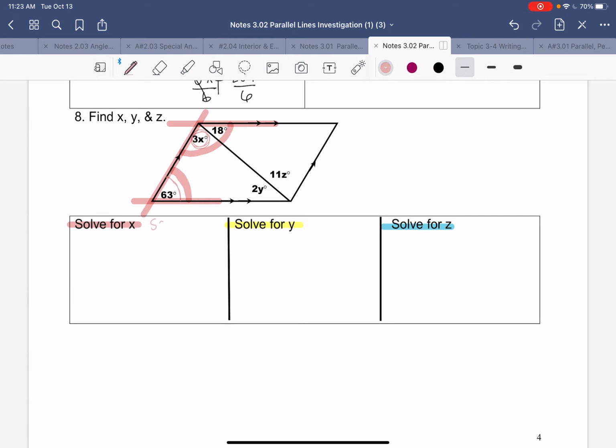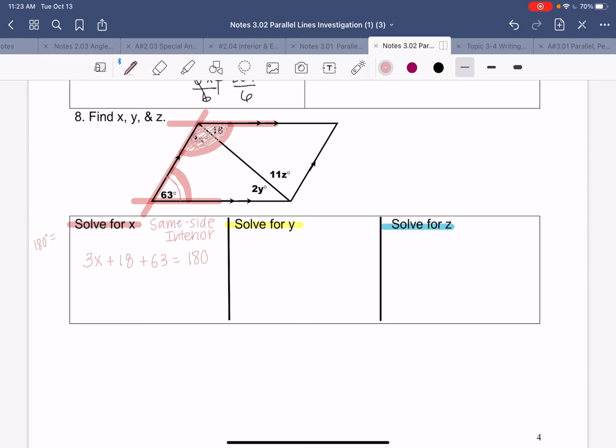I have same side interior angles. Okay, so if I have same side interior, I know they add up and equal 180 degrees. So I have 3x plus 18, so don't let that scare you, but it's this whole angle. So you have to add 18 plus 63 equals 180.